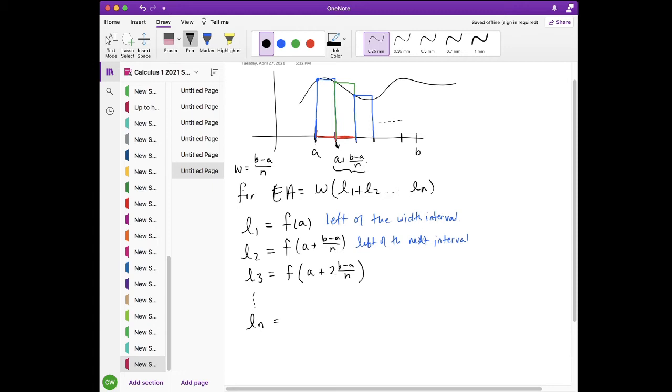So is b the left endpoint of the interval? f of b is this one. b is the right one. So I want the other one.